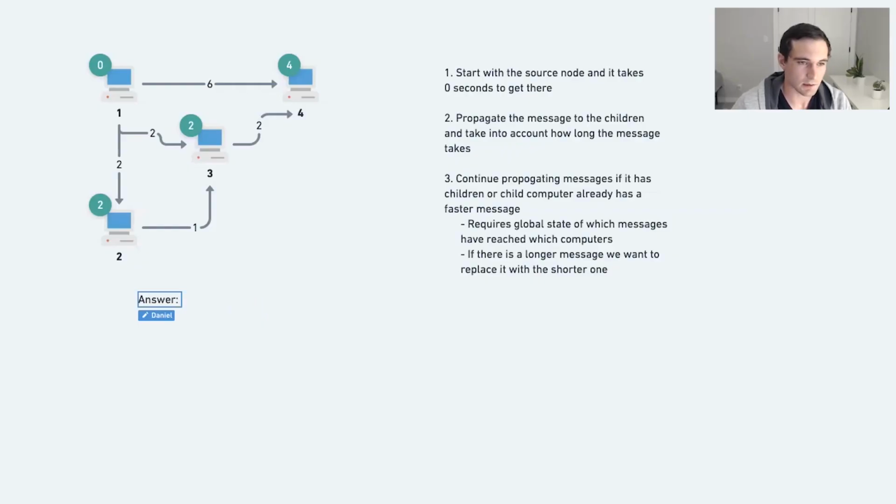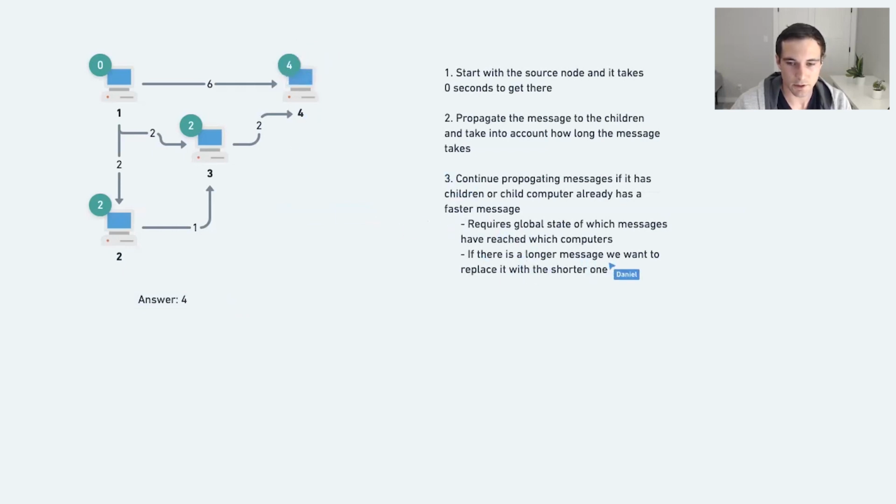And at the very end, since we did say that we would keep a global state of what the shortest message is that has reached these computers, the answer we're looking for is how long does it take for the message to reach all the computers? So the answer in this case would be 4 seconds because that's the longest it takes.